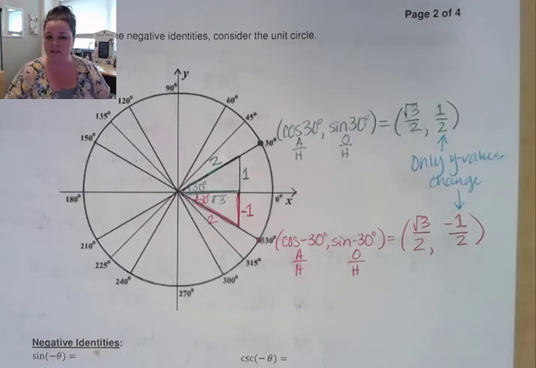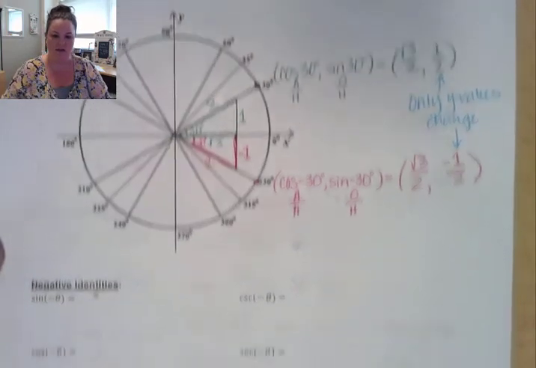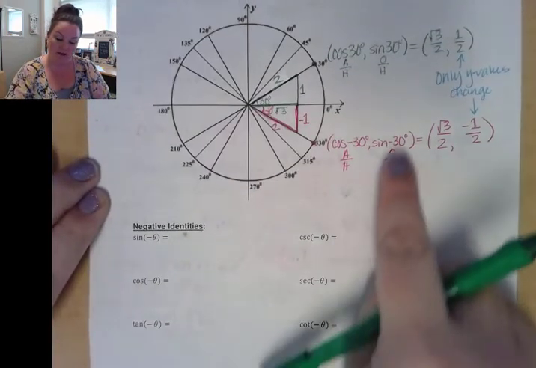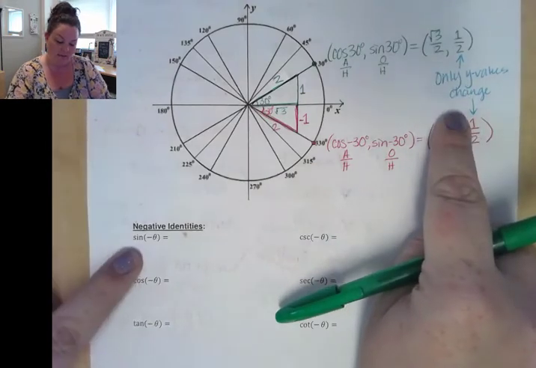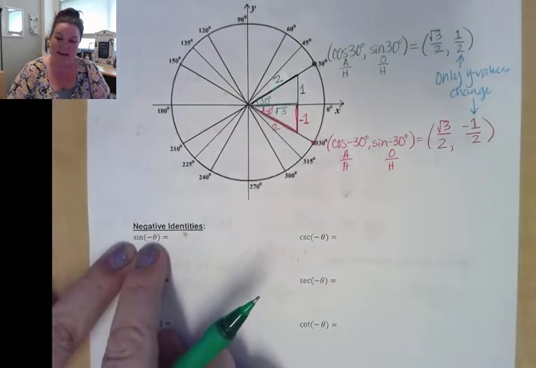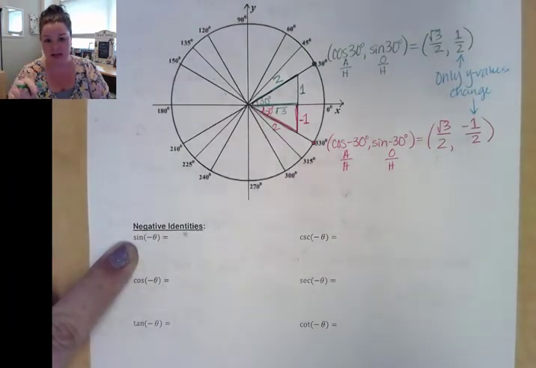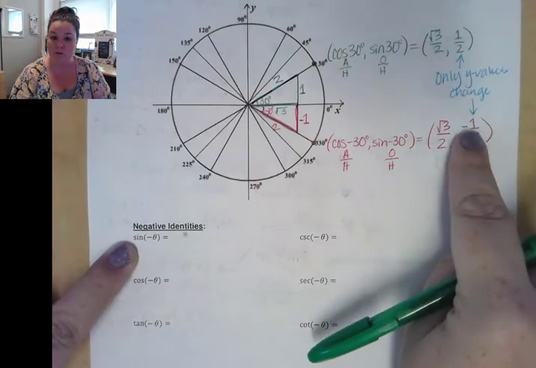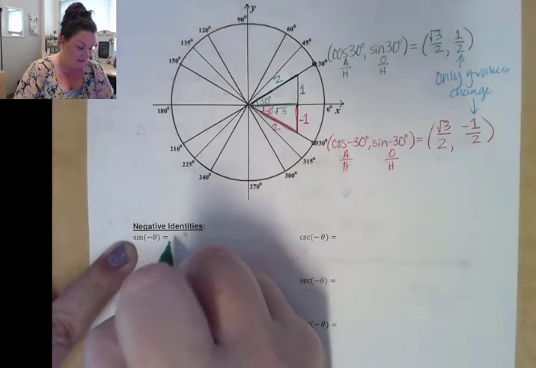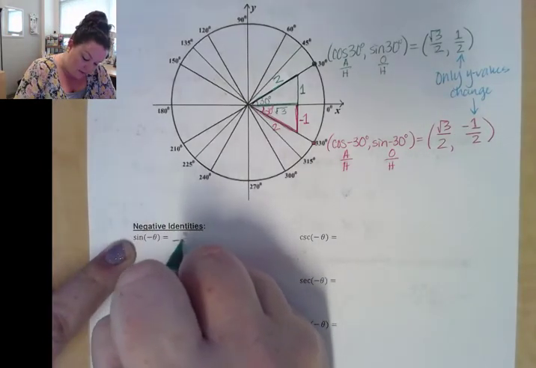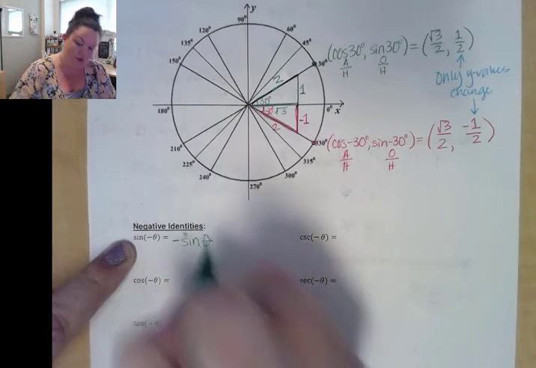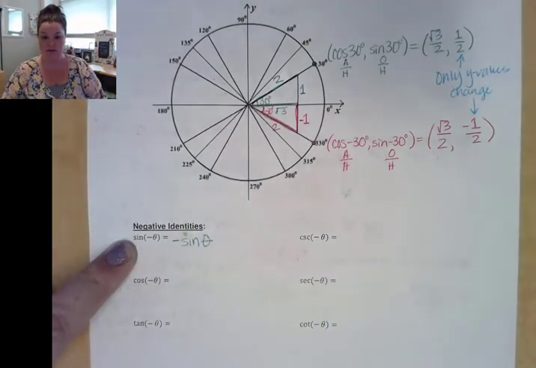So in terms of properties, since the y values are changing, if I take sine of a negative angle, its sign, meaning positive or negative, is different. The y values change. So this is the same thing as negative sine of the original positive angle. Does that make sense?